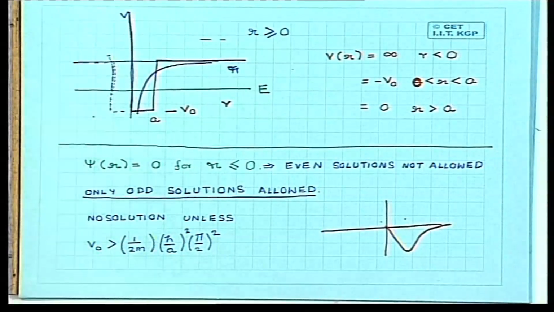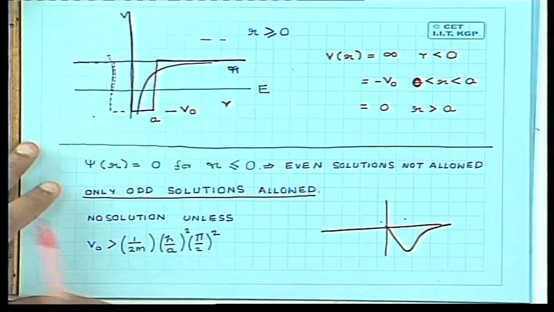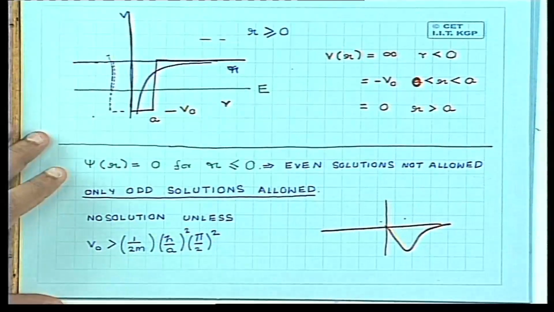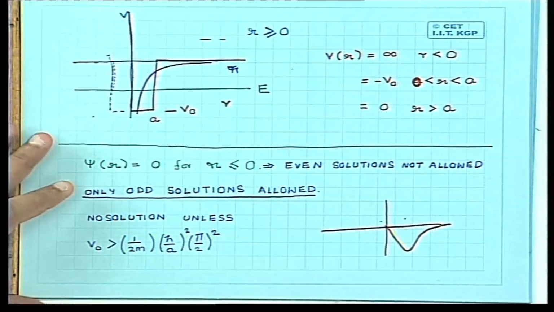So we have only odd solutions, and we see that the odd solutions exist only if the potential is greater than this value. For values of the potential less than this, there are no odd solutions.